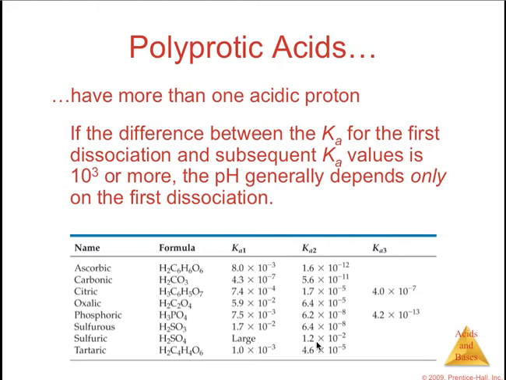We don't deal with much more than triprotic. There are equilibrium equations to describe what's going on in these solutions, and they each have a different Ka. These Kas are represented by Ka1, Ka2, Ka3.